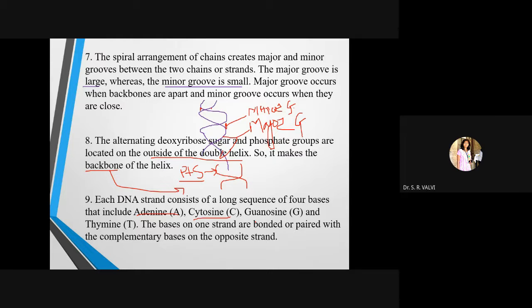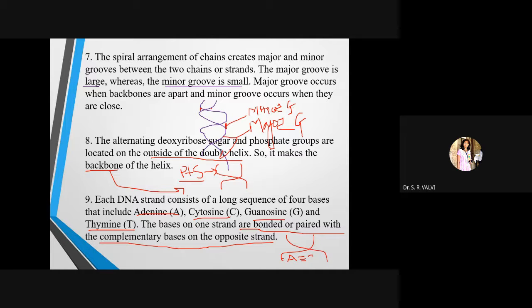So all these 4 nucleotide bases are present. The bases on one strand are bonded or paired with the complementary bases on the opposite strand. Suppose this is the A, adenine, it will always pair with thymine.